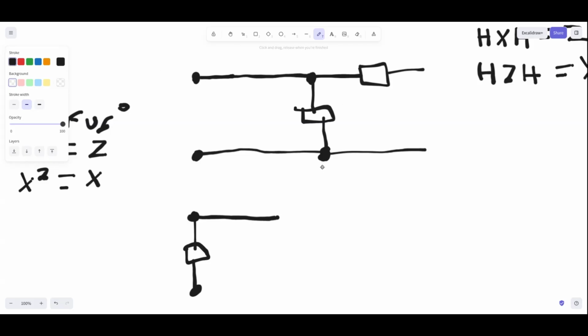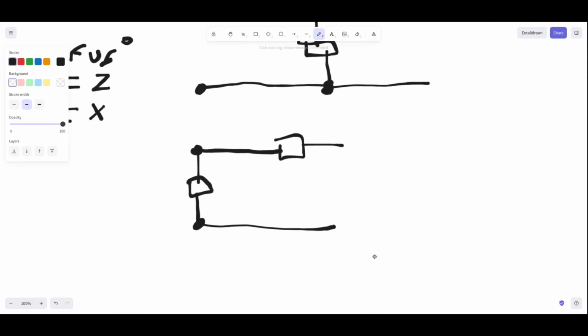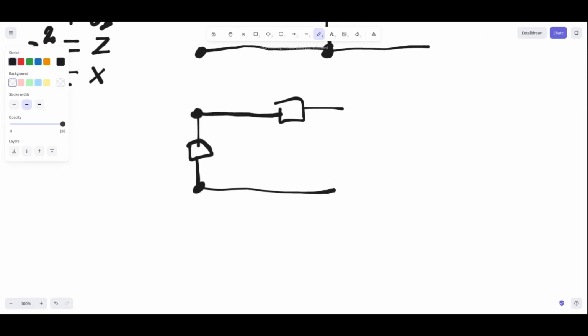And so you still have another marker, and you still have here your line. It's an important line because X gate with two lines is an identity on the Z gate too.